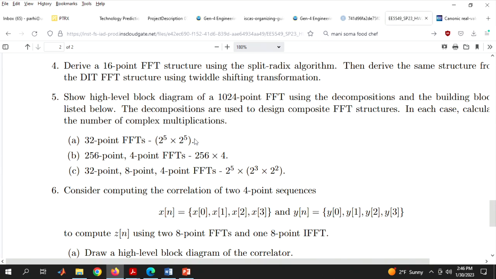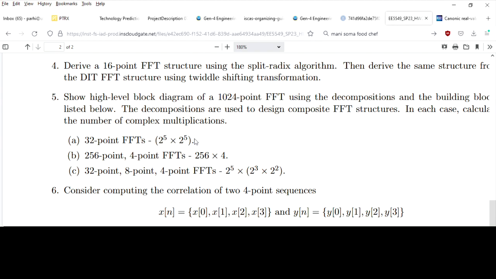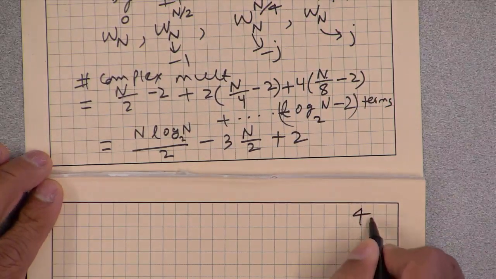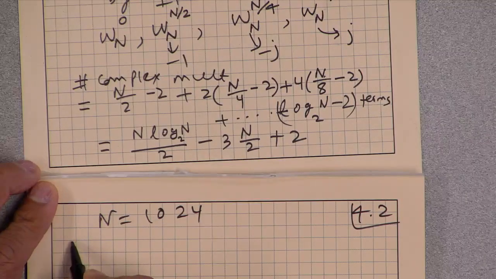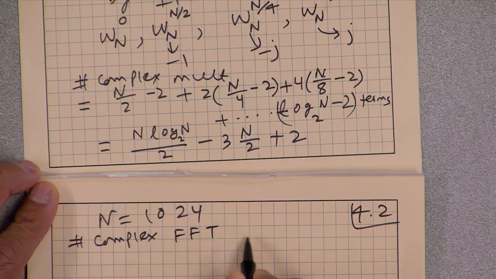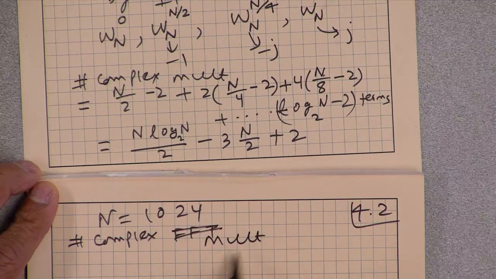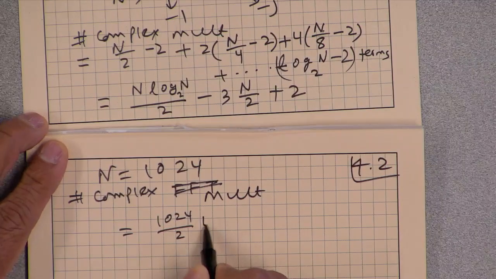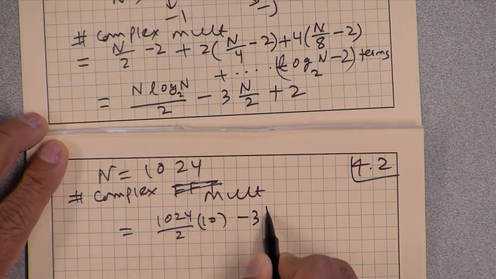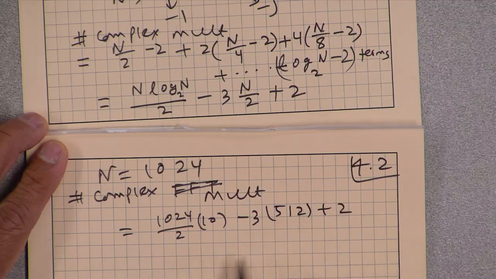Okay, so let's do this. Let's say that n is 1024, then the number of complex multiplications is going to be 1024 by 2 times log n minus 3 times 512 plus 2.